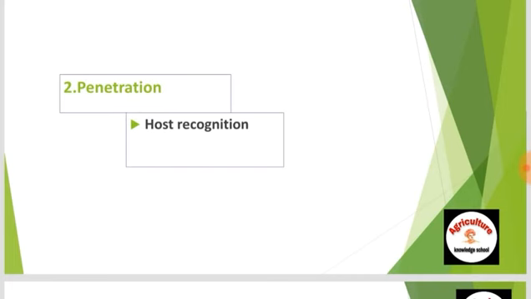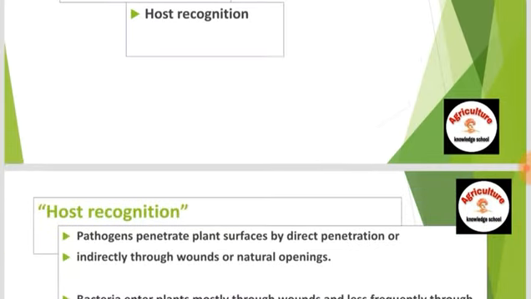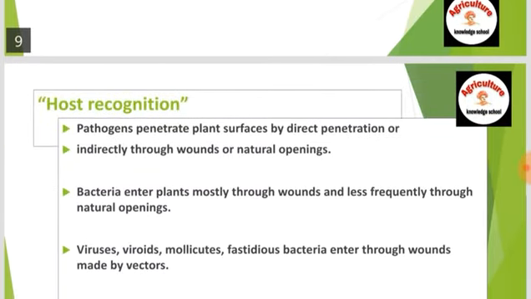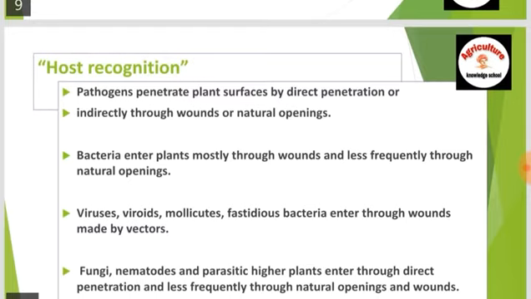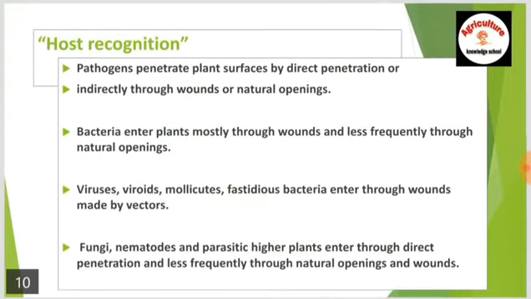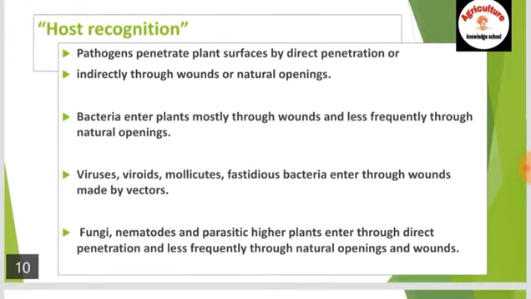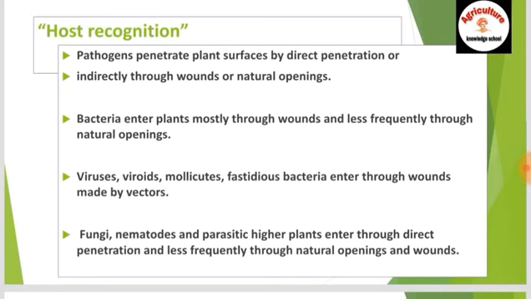In this process, the pathogen recognizes the host by different aspects. Pathogens penetrate plant surfaces directly or indirectly through wounds or natural openings. Bacteria enter plants mostly through wounds and less frequently through natural openings.